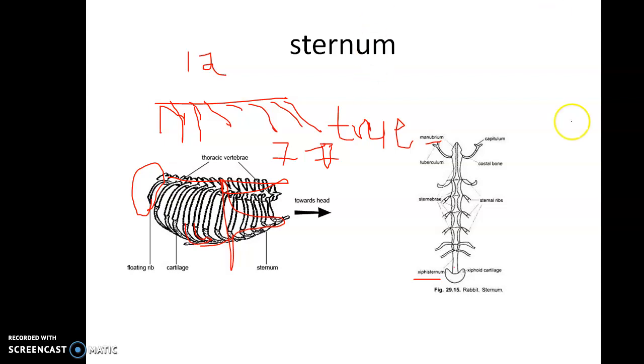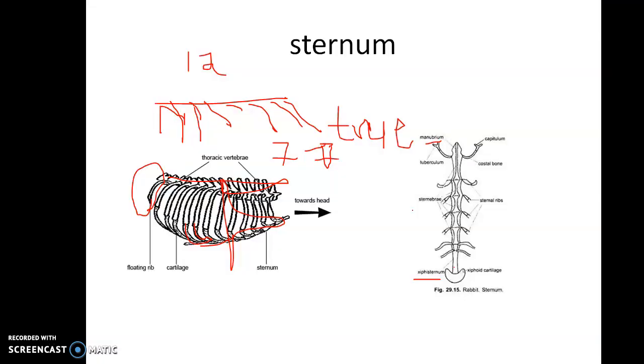That is how the ribs are arranged with the vertebral column and sternum. The sternum is divided into manubrium, mesosternum and xiphisternum, and is also known as the breastbone.